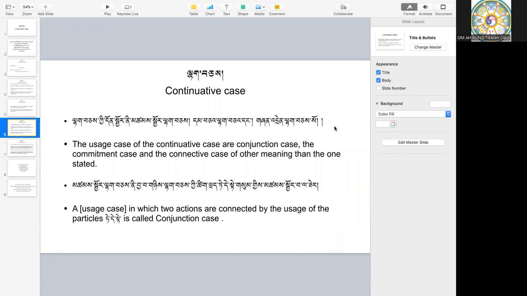In most cases, of the two actions which happen, one is an action as a cause and the other is an action which is understood as the result or consequence of that action. Both the cause as well as the consequence in Tibetan could be understood as actions.